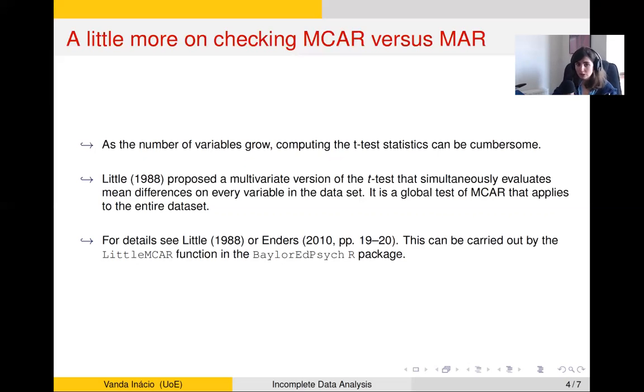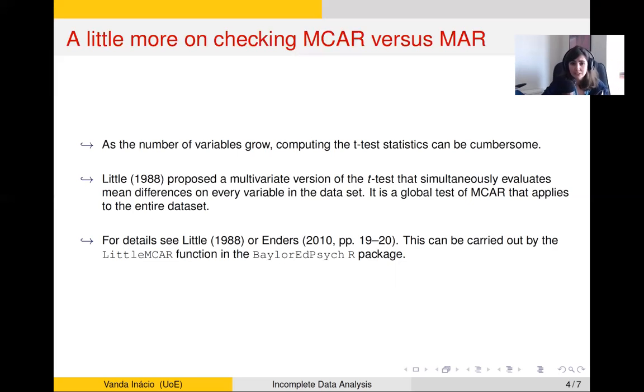We will not be looking at it, I leave the reference. There is also a package. It's still on CRAN, but you need to look for an older version of the package. If you try to install it directly, it will not show up, but it contains this function, LittleMCAR, that implements Little's test, in case you are curious and want to find out more.